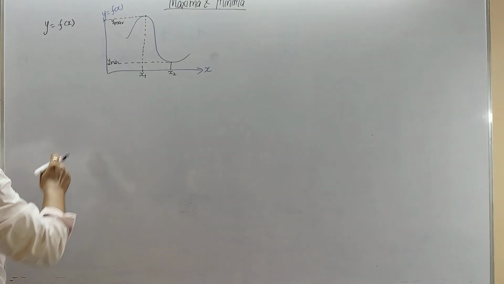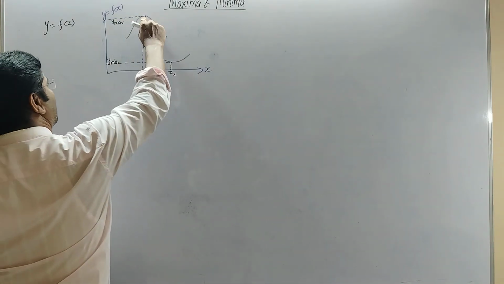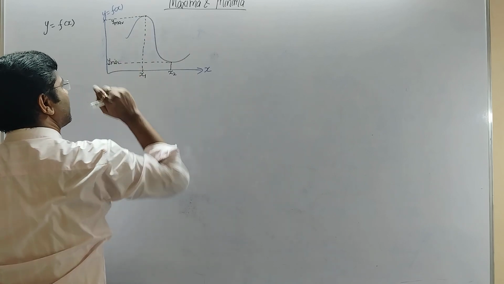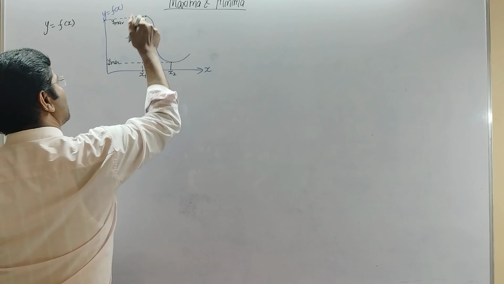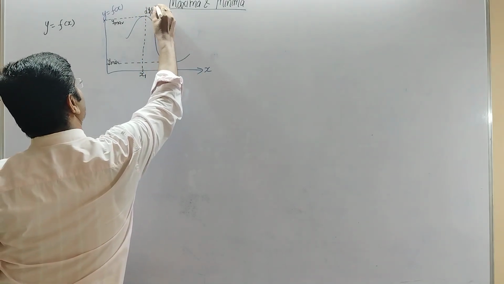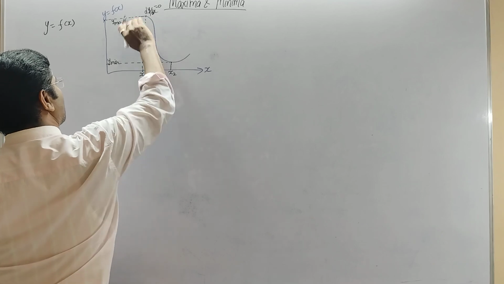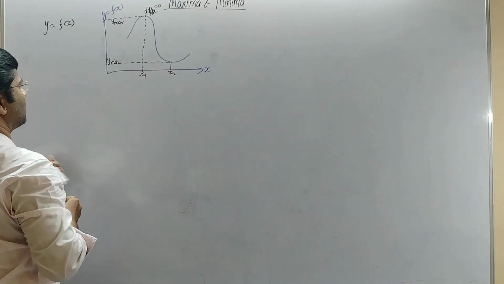Here one thing is very clear. Wherever there is a maxima or minima, the differentiation is zero. Differentiation means slope, so the slope is zero. Here dy upon dx will be zero because this is just a changing point. If I draw a tangent here, the slope of that tangent will be zero.